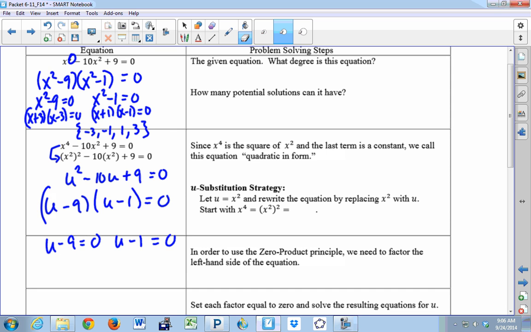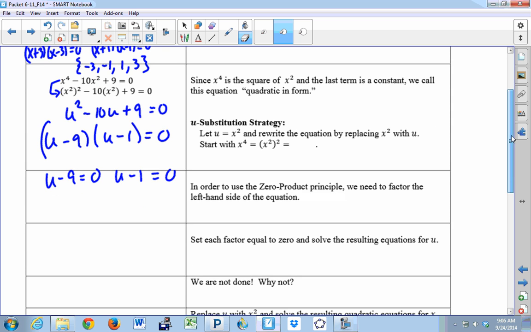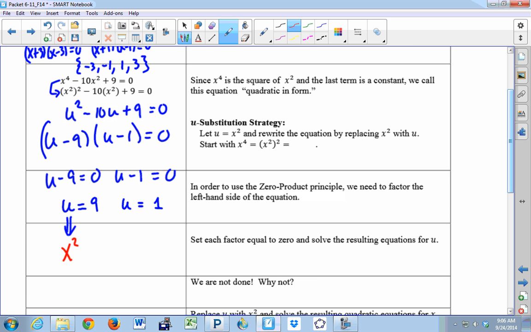And now the only difference is you have to solve this for u. So you could do u equals 9, u equals 1. But now you say my original equation wasn't written in terms of u, it was written in terms of an x. So now you replace u with what you substituted it for, which was x squared.